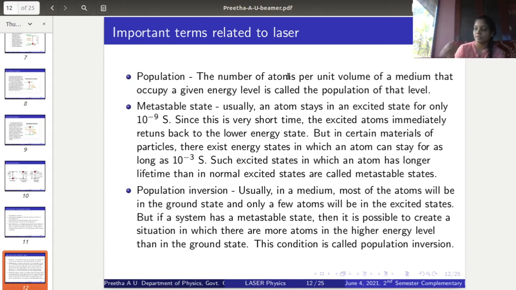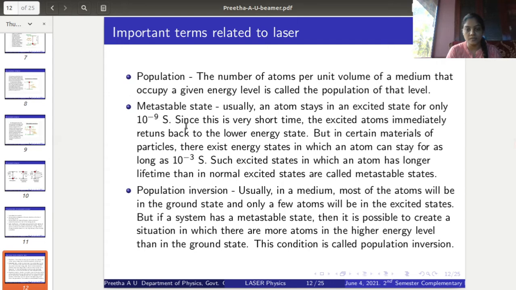Another important term related to laser is metastable state. What is a metastable state? You may have heard about stable state and unstable state, so what should the metastable state be? A state lying in between the stable and unstable state. Usually an atom stays in an excited state for only 10 to the power minus 9 second, that is, of the order of nanoseconds.